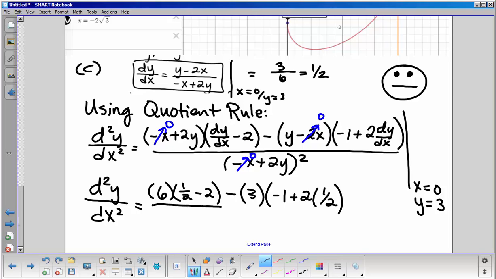What happened to the right side of this thing instantly? And this is going to be 2 times 3, which is 6 squared here, right? What happened to this? This is negative 1 plus 1, which is 0. This went to 0, which means this whole term went bye-bye, which was really nice.